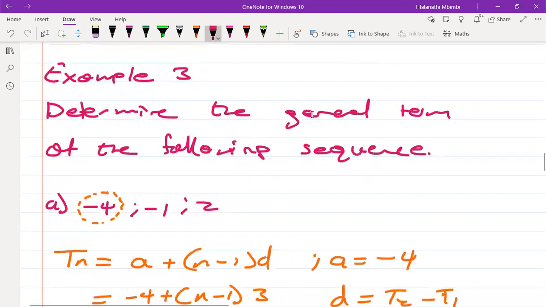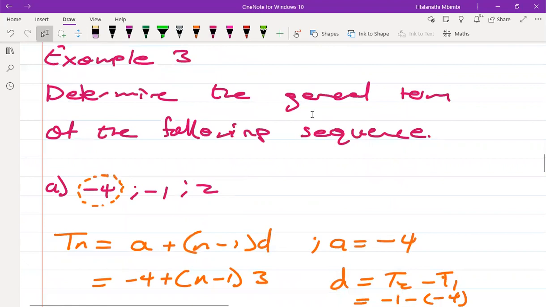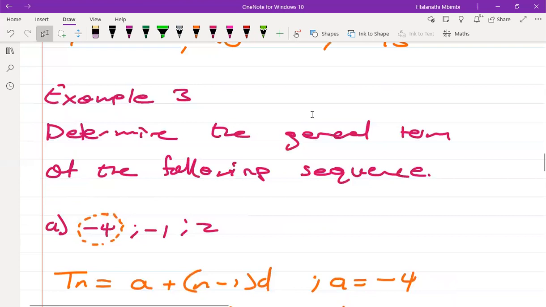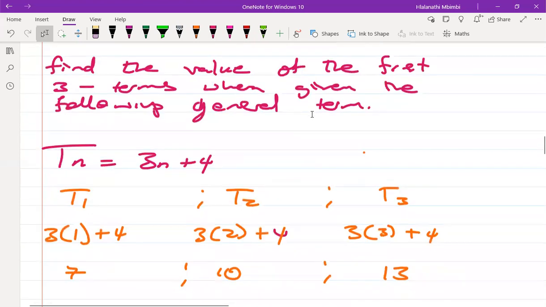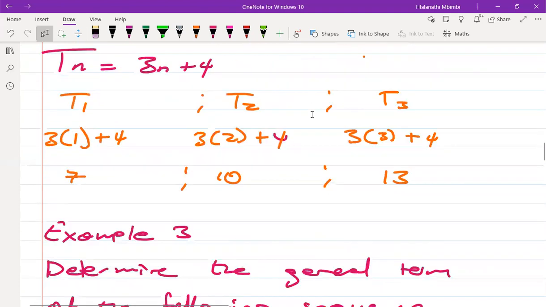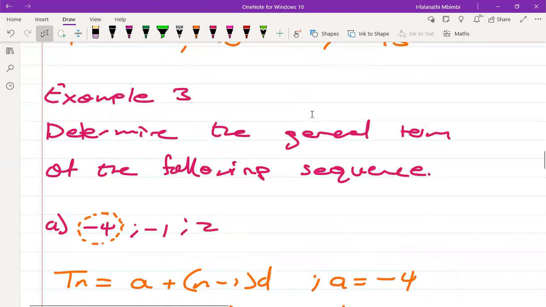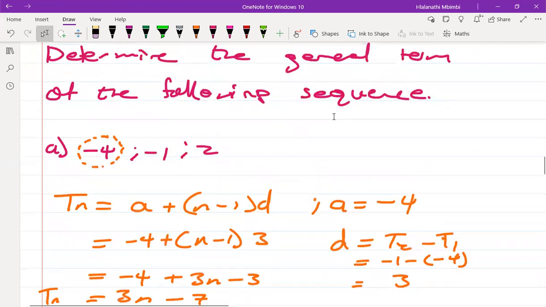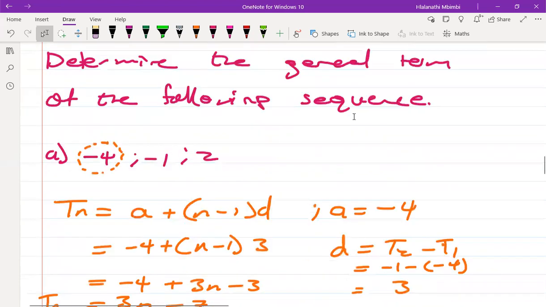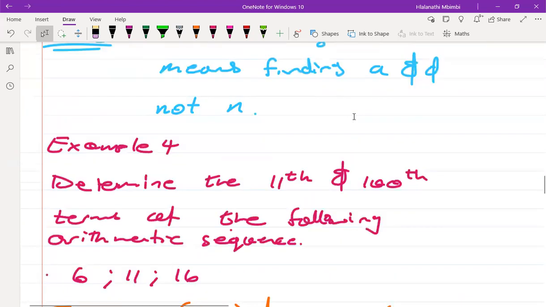Someone can ask you to determine the general term of the following sequence, which is partially what we just did. Even number 2 is what we did when deriving the general term. So you should still expect these questions.